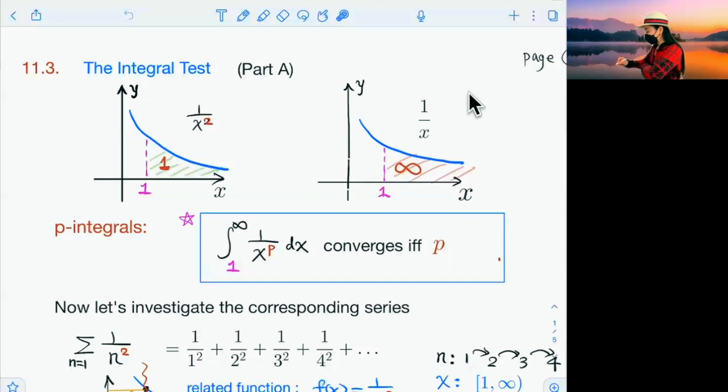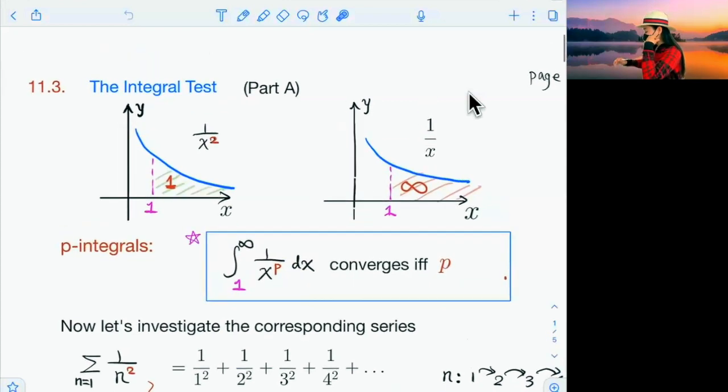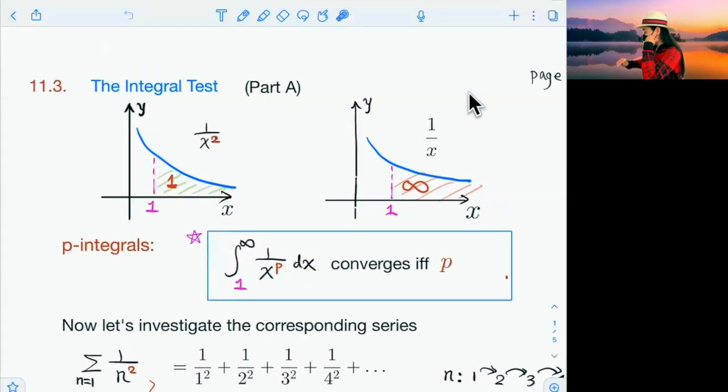And at that time, we investigated why this one has a finite area under the curve from 1 to infinity, and this one doesn't have a finite area. So we investigated this kind of p-integral, because the area under the curve from 1 to infinity corresponds to this integral over here.